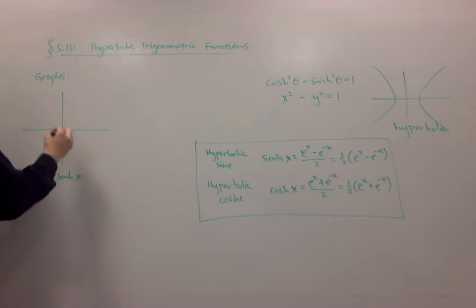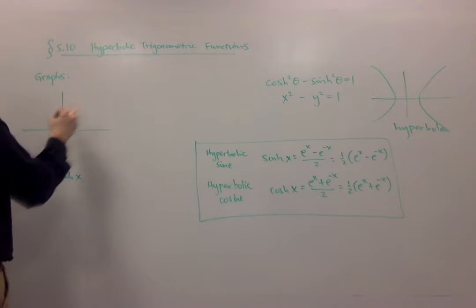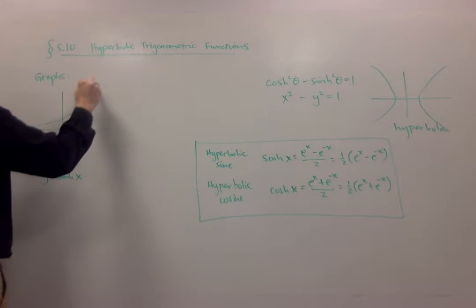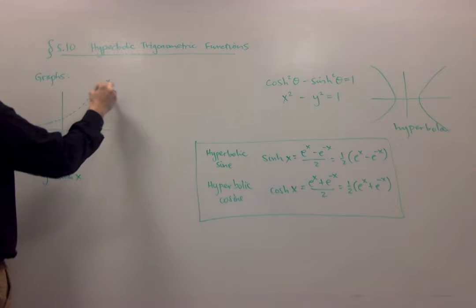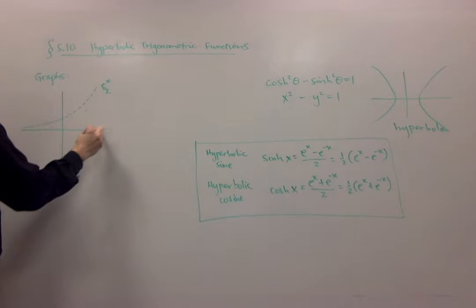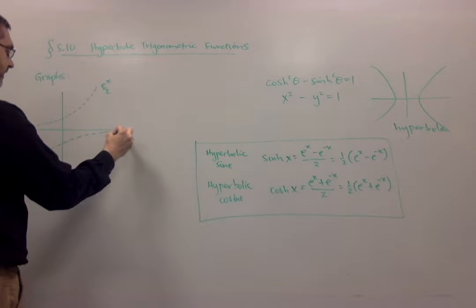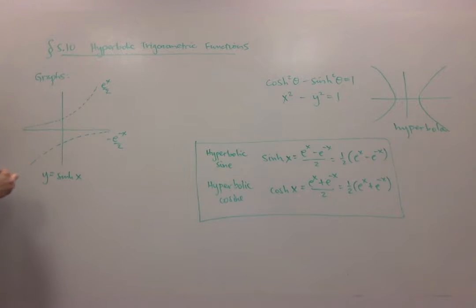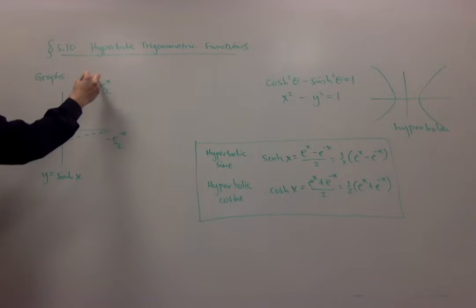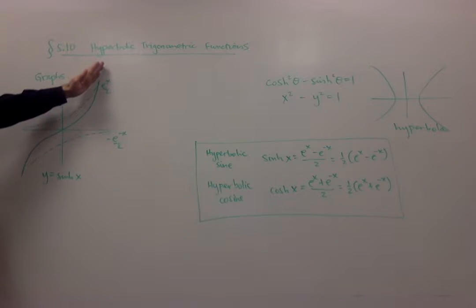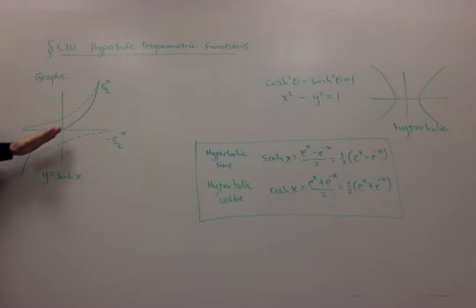So sinh of x ends up looking like, so if this is e to the x over 2, and if this is negative e to the negative x over 2, then sinh actually ends up looking like this. Okay, it approaches e to the x over 2 up here, and negative e to the negative x over 2 down here.